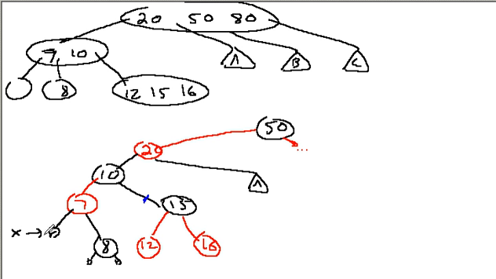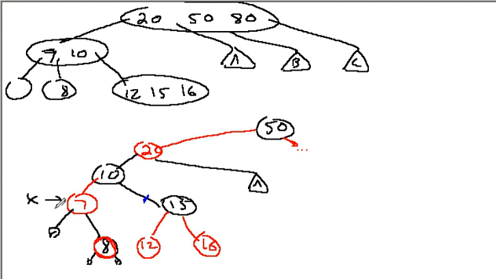In this case, all I do is I make the sibling red, and now x is not going to point to where x points to anymore. X will point up to its parent. And that's it. That's all we do for this case 3.